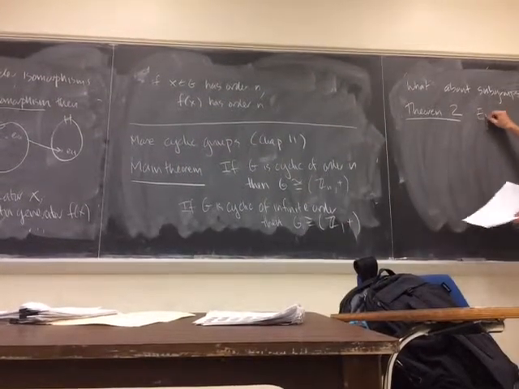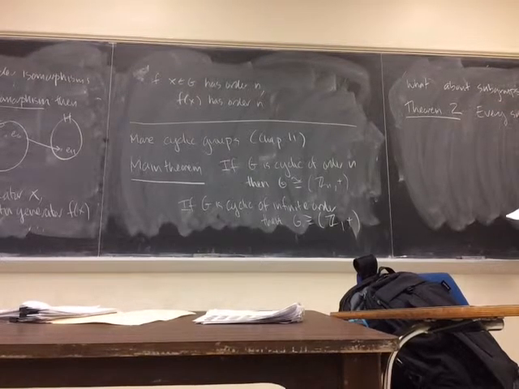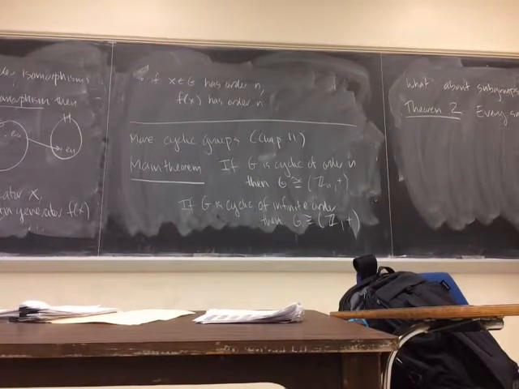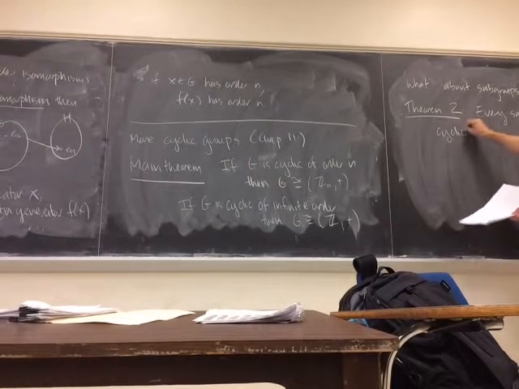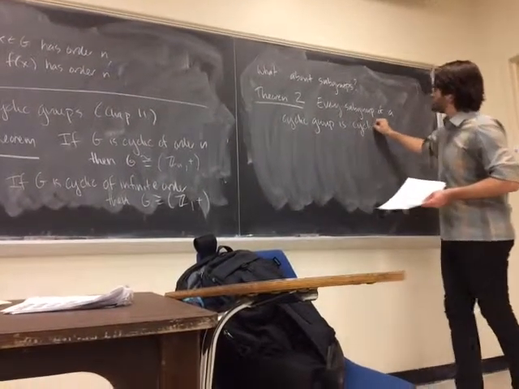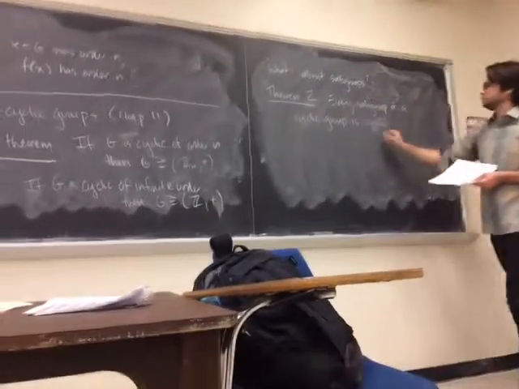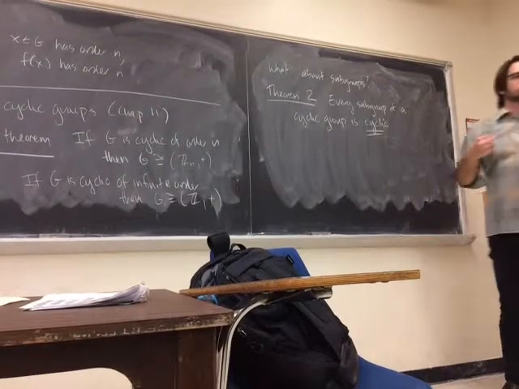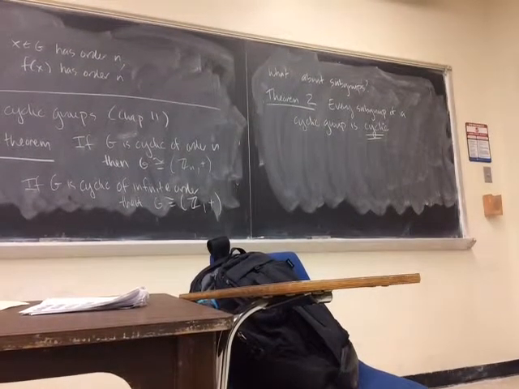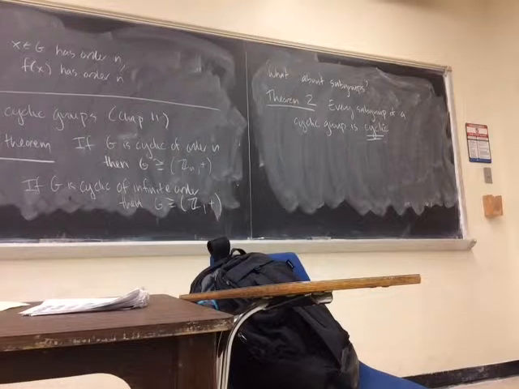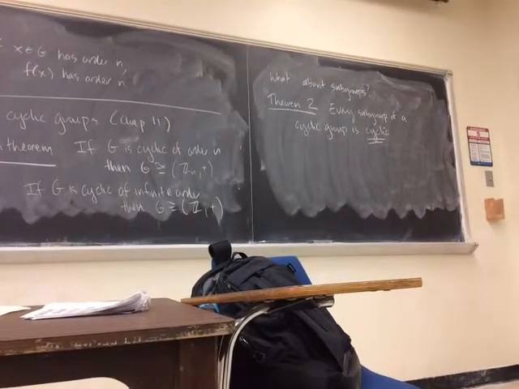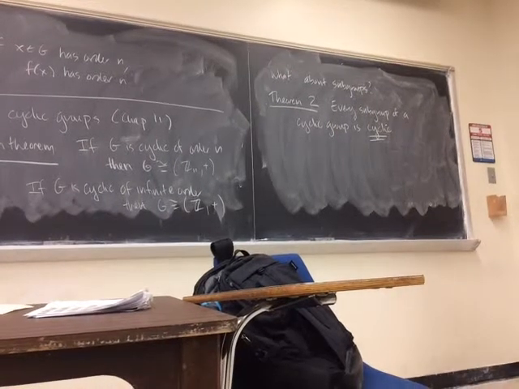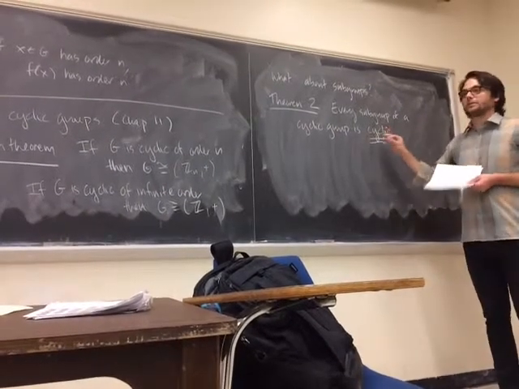So every subgroup of a cyclic group is cyclic. Okay, so that's a priori a non-trivial statement. You have a cyclic group, and it could be that the substructures in there have some other structure, but it turns out that every subgroup of a cyclic group is actually cyclic.